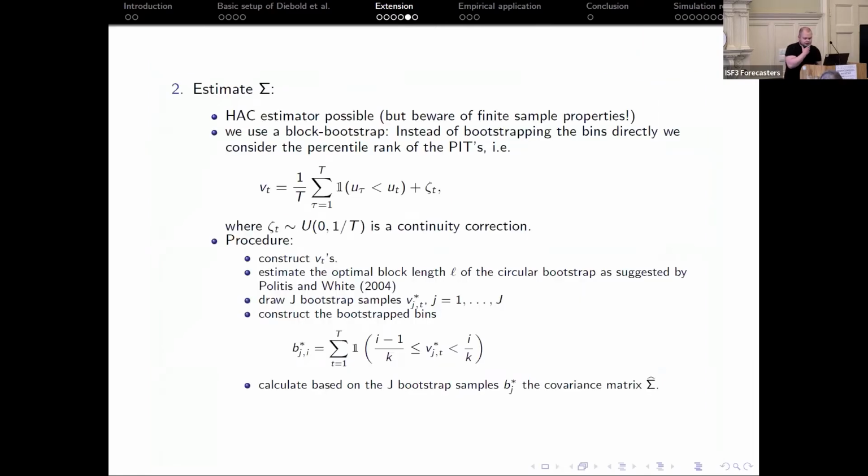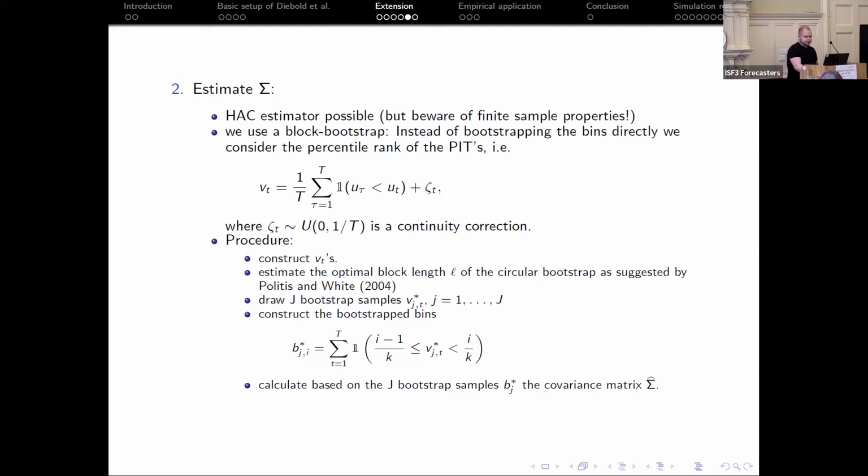And what remains to be done is we have to estimate sigma somehow. Okay, and what we're going to do here is we do not simply use an HAC estimator to estimate this variance. Also, you can do that, but it turns out in our simulations that a bootstrap, basically circular bootstrap, is a little bit better.